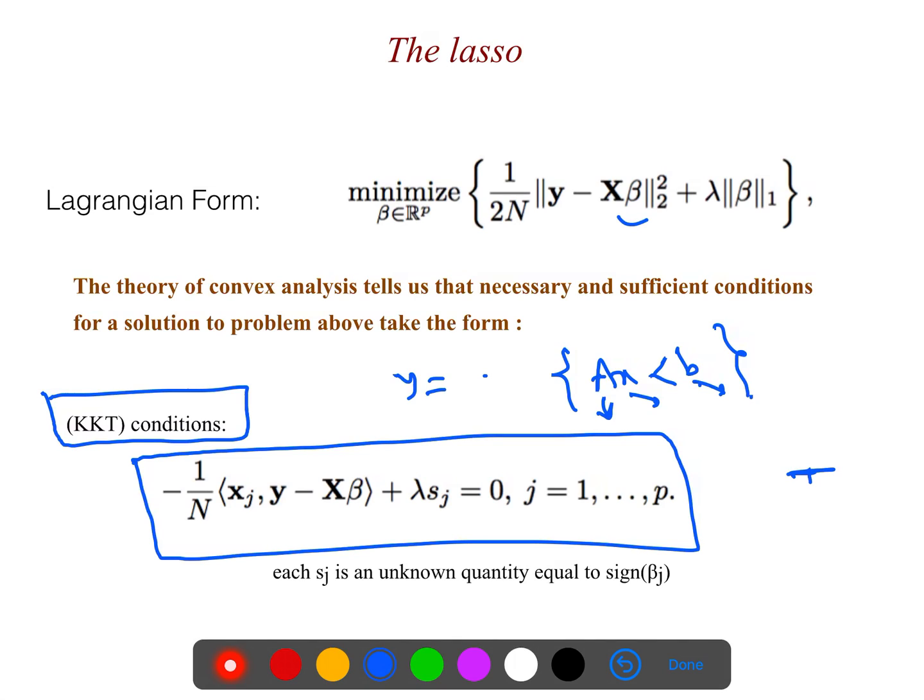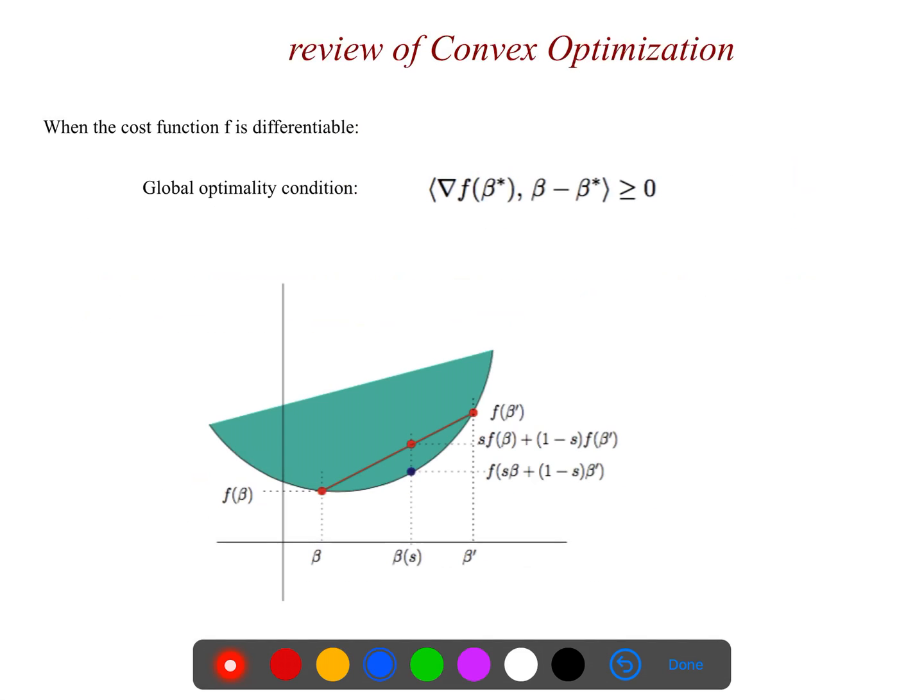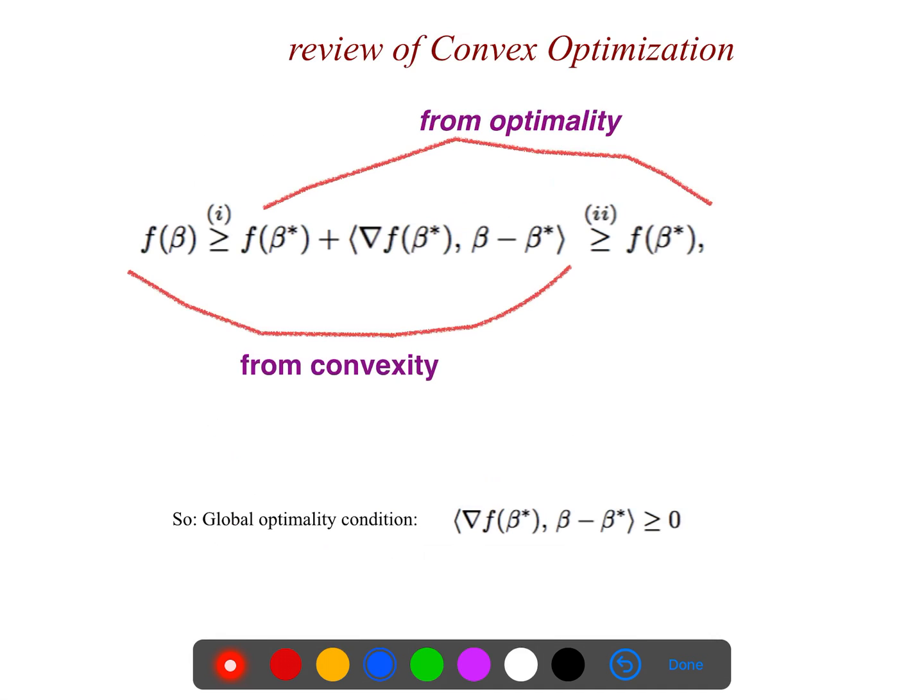If we could somehow bound these coefficients, then we can control them. We can do some high-dimensional inference and understand the problem. So we just review the convex optimization here. As you see, if it is convex, it's obvious that this is the global optimality condition.